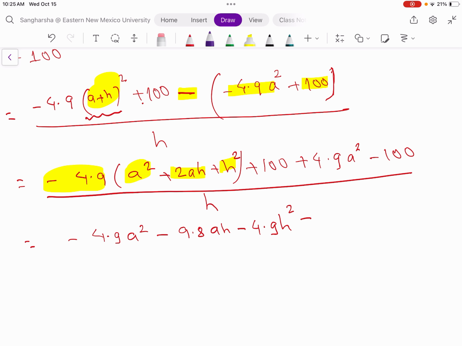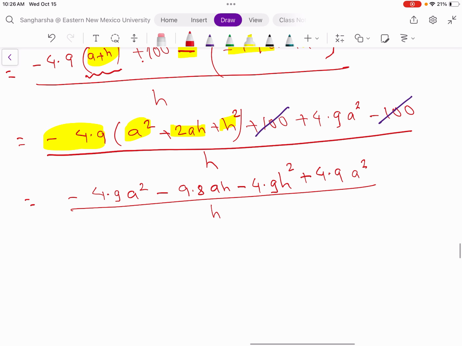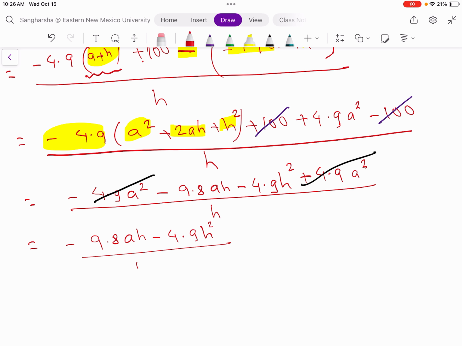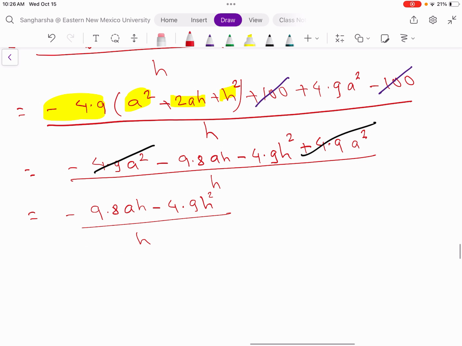Now this 100 and this 100 are gone, plus 4.9a squared. Now this and this are gone, so here we have negative 9.8ah minus 4.9h squared, divided by h. Now do not cancel h here.